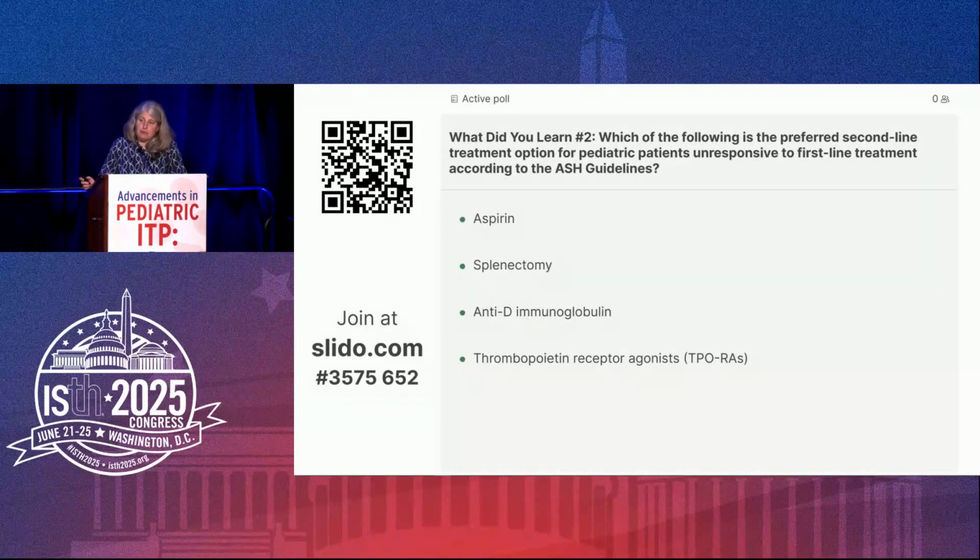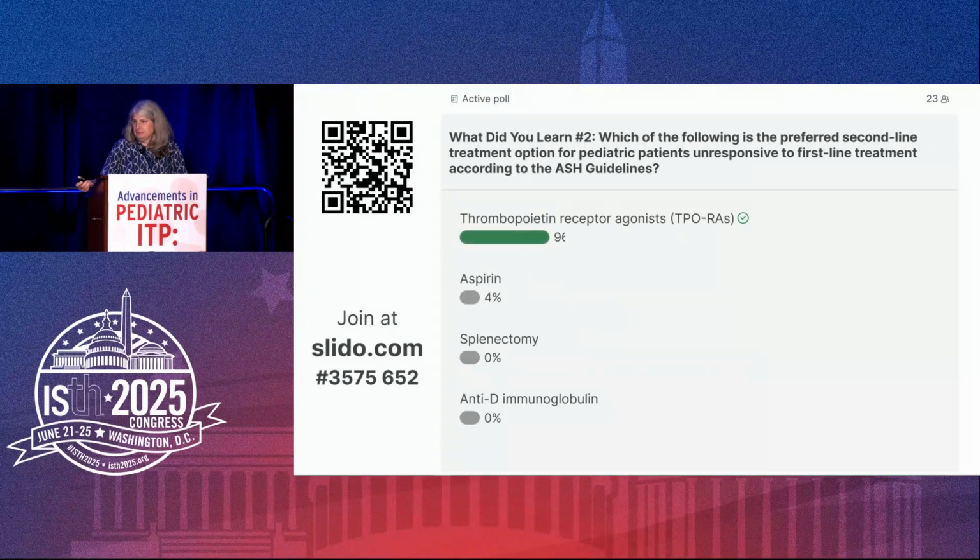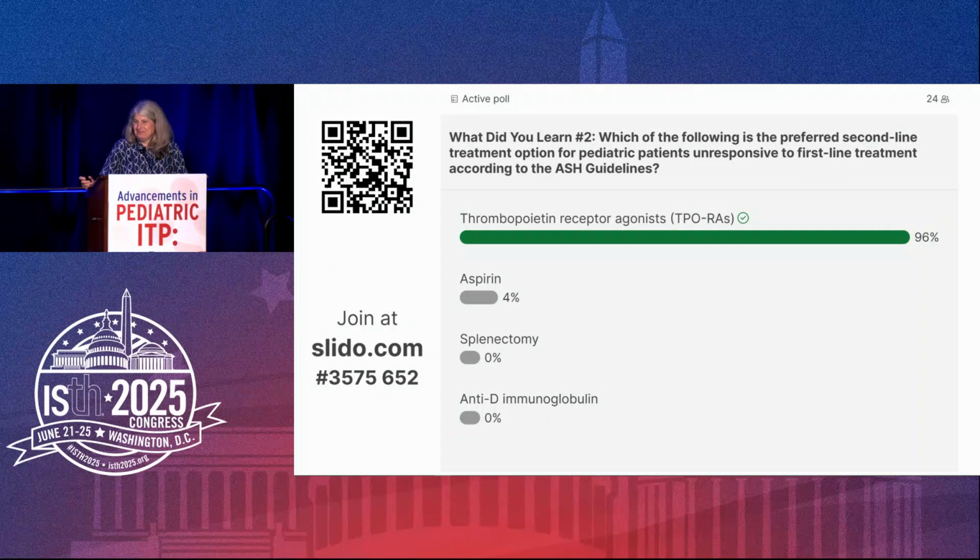So which of the following is a preferred second-line treatment for pediatric patients unresponsive to first-line treatment according to our ASH guidelines? Aspirin, splenectomy, anti-D immunoglobulin, or thrombopoietin receptor agonists? Somebody's being silly. All of a sudden, we have a vote for aspirin that we didn't have before.